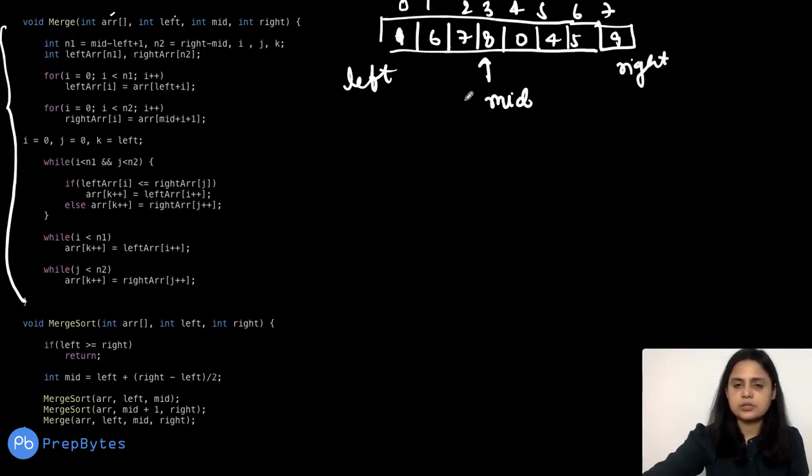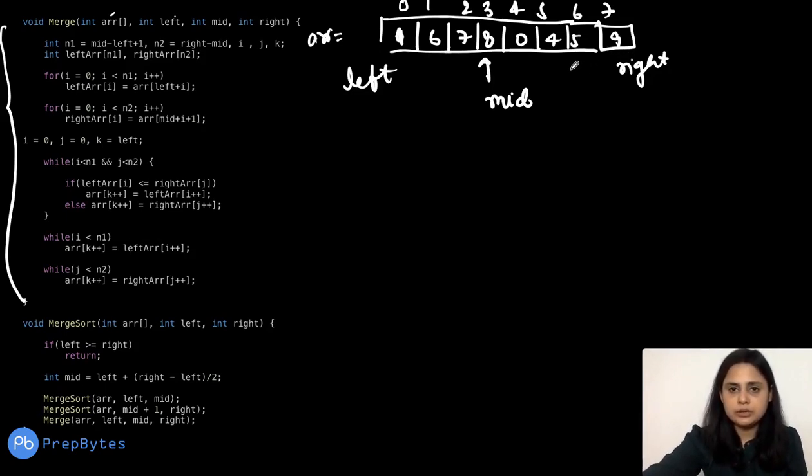First let's try to understand the merge part. Now we have to put this array in a completely sorted form. Whatsoever is here and whatsoever is here, I have to combine that.